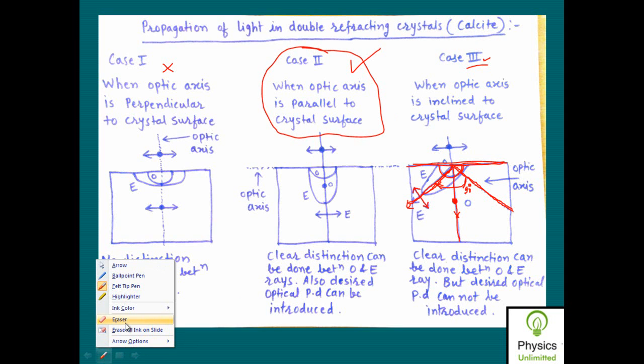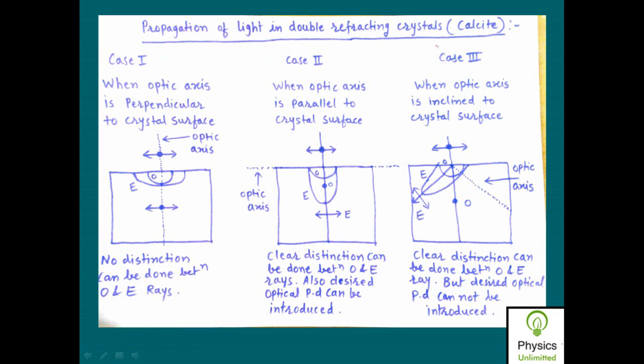Yes, sir. Now instead of a calcite crystal which we have discussed, which is a negative crystal, if it would have been a quartz crystal which is a positive crystal, what changes should be there for quartz? So the ordinary axis will be outside and the extraordinary axis will be inside.